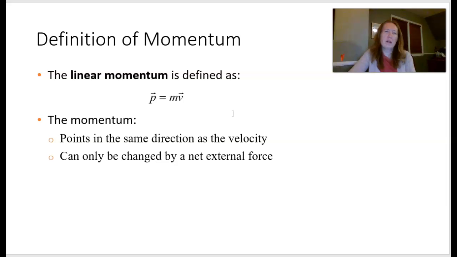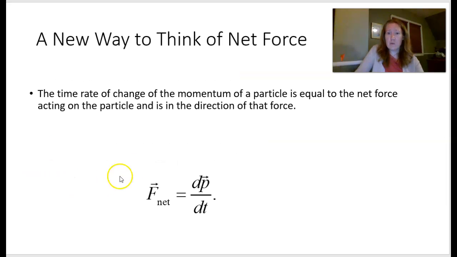There's no special unit for it. The more mass or velocity something has, the more momentum it has. The way you would change something's momentum is by applying a force to it over a period of time. We'll get into that more.